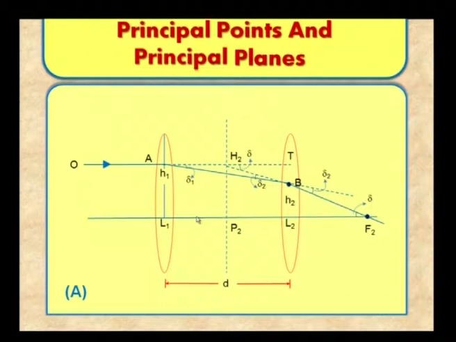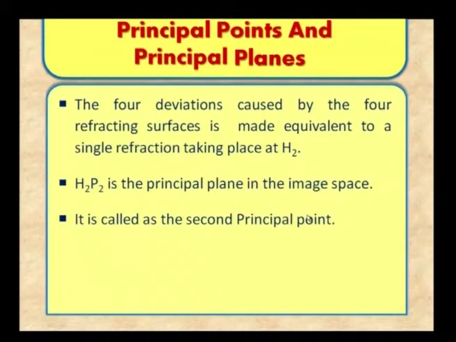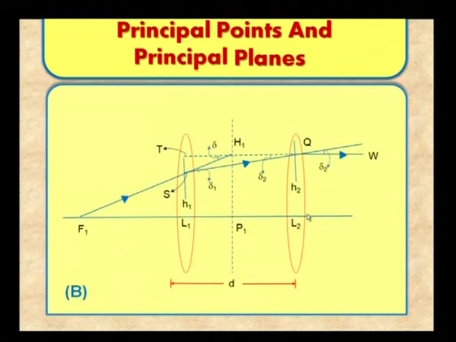As you know, in optics there will be two principal points, two principal focal lengths. In the case of a thin lens, F1 and F2, the two principal focal lengths, will be equal to one another. So, it is called the second principal point nearer to the image, in the image space.